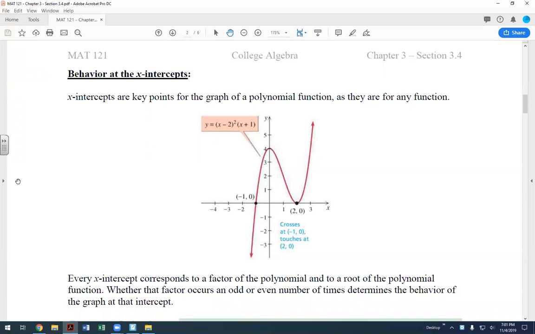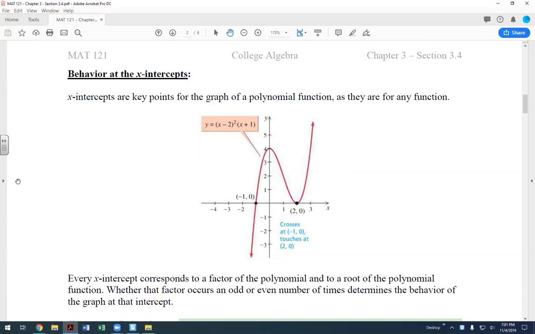Look here. When I had 2, 0 as my x-intercept, that comes from this factor of x minus 2. X minus 2 is raised to an even exponent, right? So when you have your factor raised to an even exponent, your graph touches but does not cross.